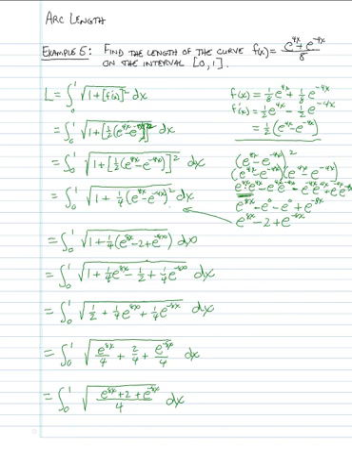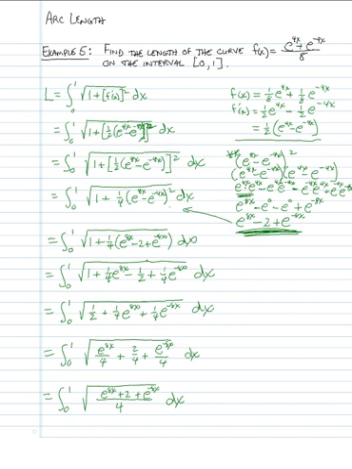Now, it may not be clear, but let me come over here to the side. Look up here what happened. When we squared e to the 4x minus e to the negative 4x, we ended up with e to the 8x minus 2 plus e to the negative 8x. And if you look at the numerator of our radicand here, the only difference is we have a plus 2 instead of a minus 2. So I'm wondering if that will factor.